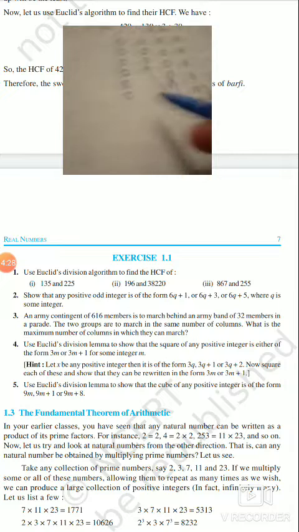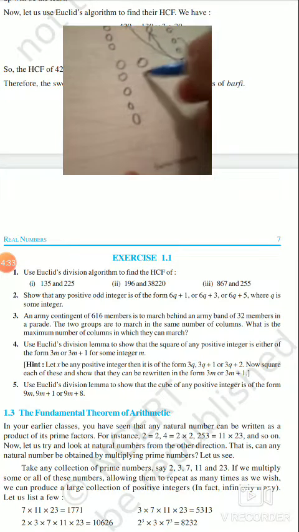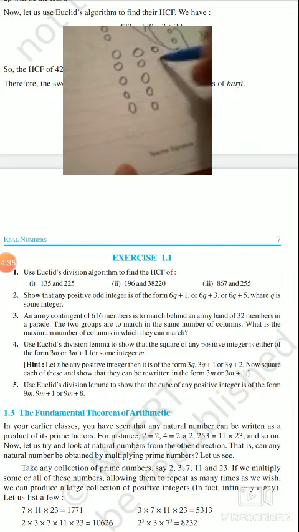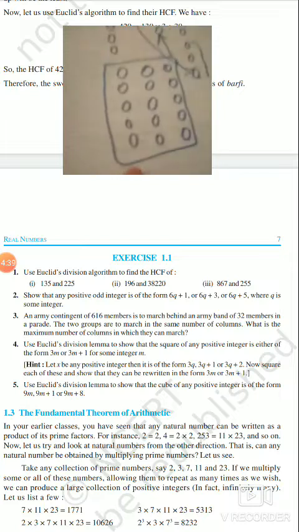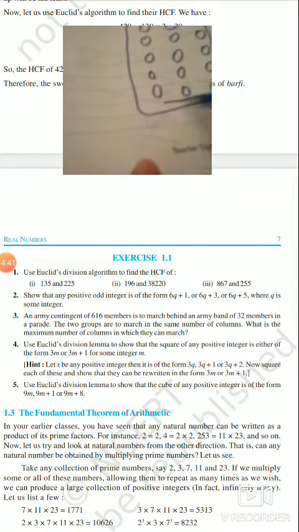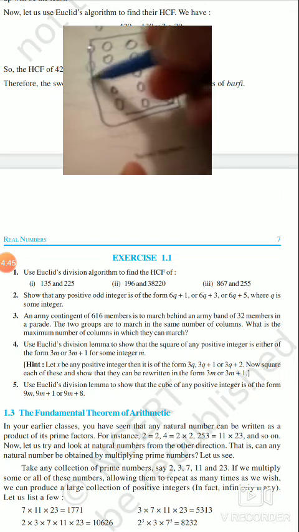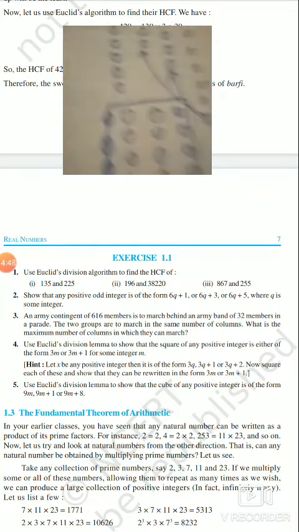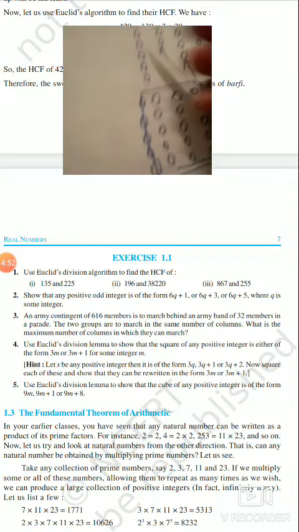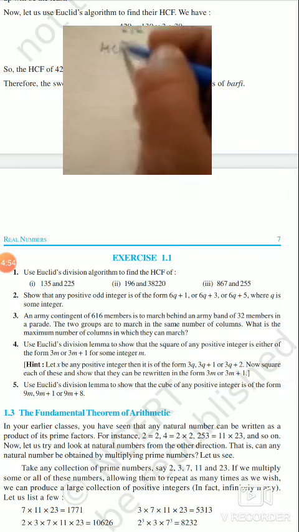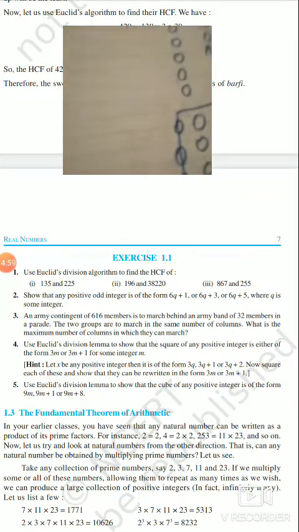Then finally we will get this format, where the number of columns and number of rows are equal. So for that, in mathematics we just find the HCF of these two numbers.